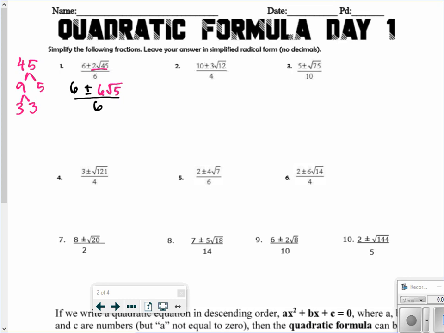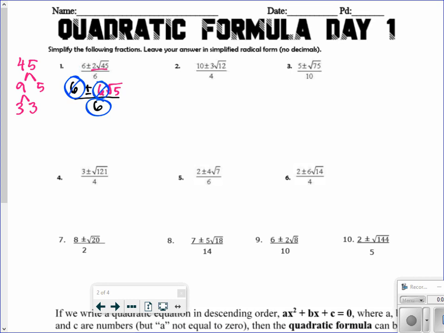Where to look for simplifying the fraction, it is 3 numbers. All 3 numbers have to tie together, all have to be divisible by the same thing to be able to simplify further. So it's that first number, it's the denominator, and it's whatever's in front of the radical. Are all of those divisible by something? Yes. They're all divisible by 6.